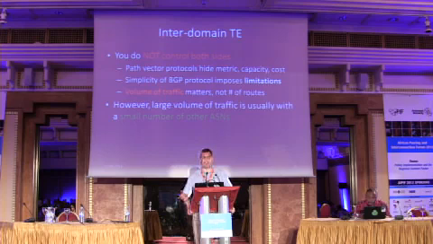BGP exchanges the number of routes and prefix information, but it doesn't take into account the volume of traffic. So you may receive a very small number of routes from one network that delivers you a large amount of traffic. So you really need to overlay what your routers are expecting with real data about the volume of traffic and the cost of traffic.